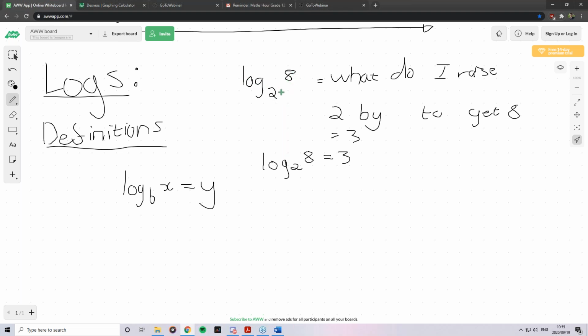And the answer is 3. 2 to the power of 3 gives me 8. So this implies, backwards and forwards, that b to the power of y is equal to x. This is a very, very important relationship.